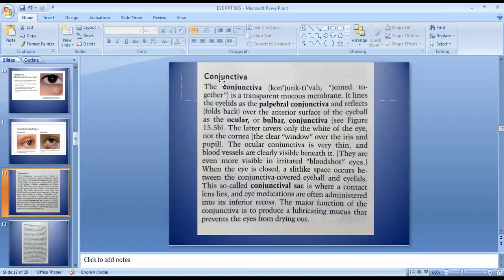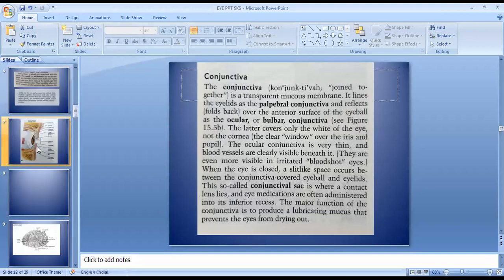And conjunctivitis is actually the infection of this conjunctiva. Now, the conjunctiva is a transparent mucous membrane. It lines the eyelids as the palpebral conjunctiva and reflects, folds back. So that I talked about, right?